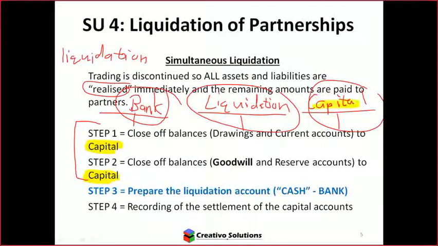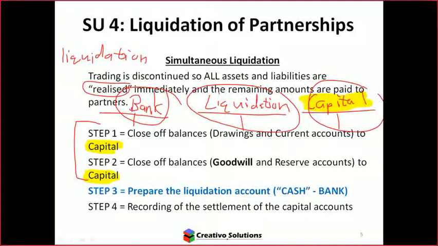Well, to see if there's any money left. Correct. It's the ownership, it's the entitlement in terms of the ownership. We know capital is the most important account. It was important when we looked at a change in ownership. It's still important when we look at a liquidation because it tells you how much is left in the business. And then step 3 is to prepare the liquidation account, and we'll look at that.